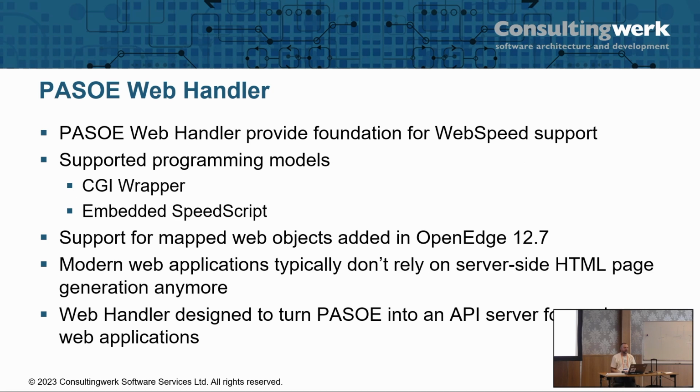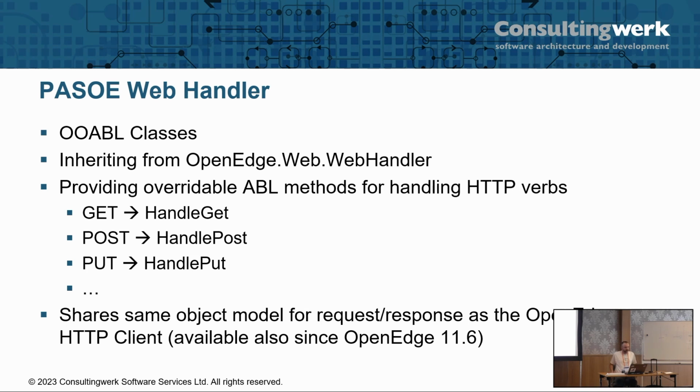Right, so web handler. There is a default web handler and a compatibility web handler. Those are made to do WebSpeed. And we also now have different web handlers, which we can use for different stuff. Let's see where this goes.